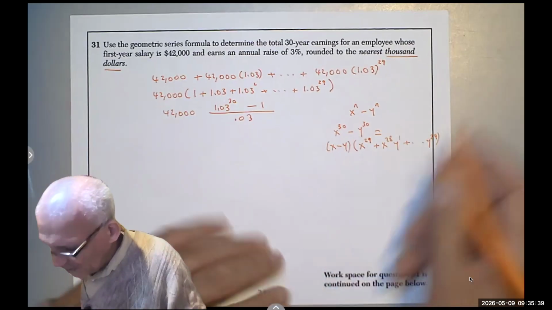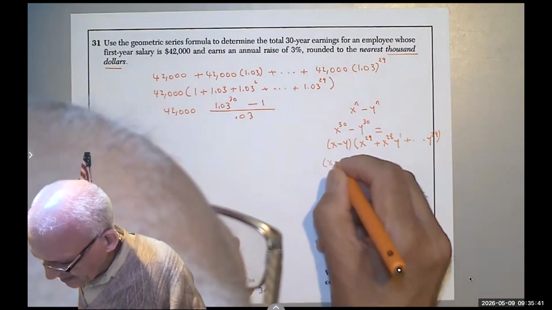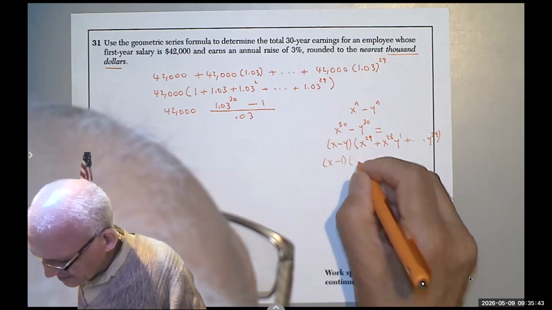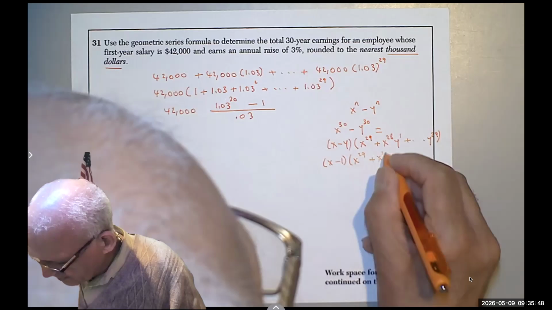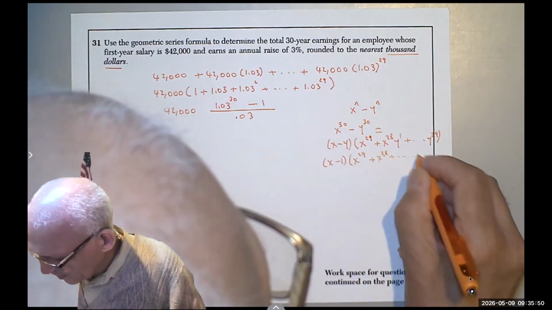But if y is 1, you see that this would be x minus 1 times x to the 29 plus x to the 28 plus up to 1.